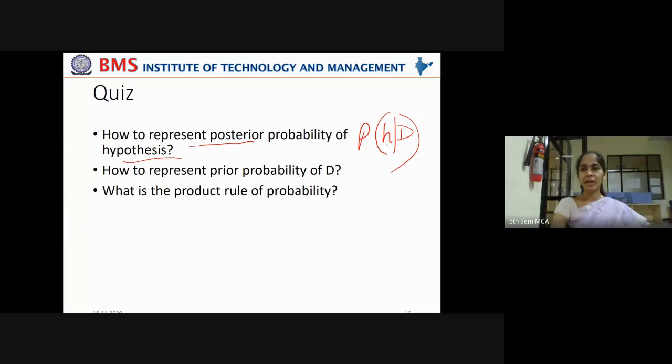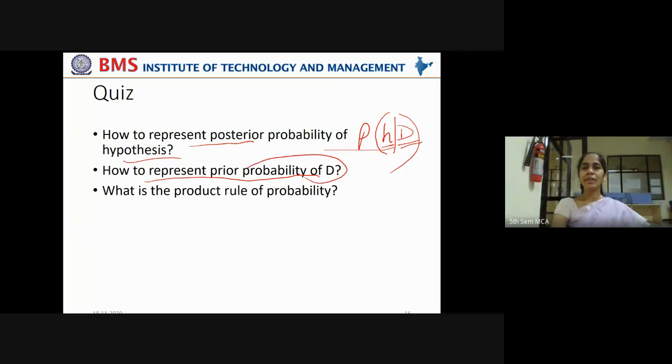That means the probability of a statement being true for the given training examples. Okay. Now how to represent the prior probability of D? I have started from the basics of probability, students, and proceeded to the complex topics so that you will not feel the concept is new.